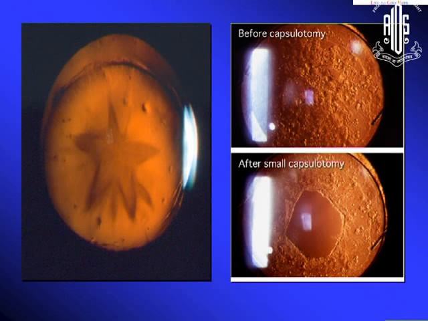Now this one is probably what most of us use. Suppose after cataract surgery there is posterior capsular opacification. If you examine on the slit lamp with the optical section, you will not be able to judge how much opacity there is and how much it can disturb the patient's vision.